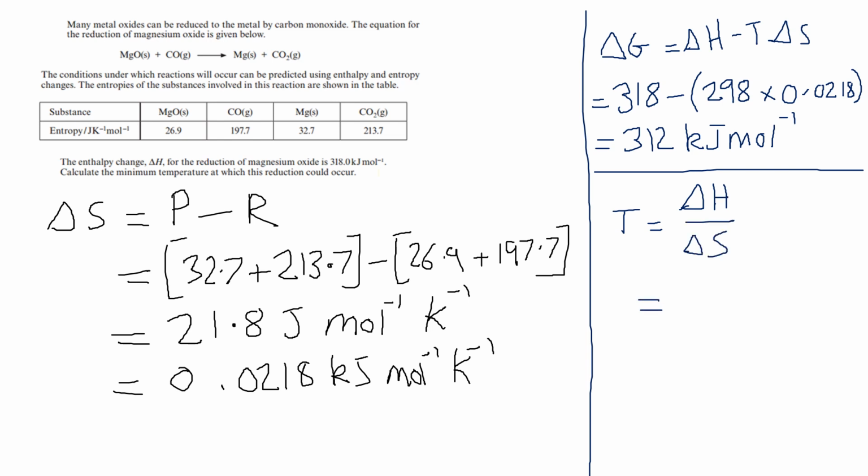So delta H is 318 divided by delta S, which is the 0.0218.